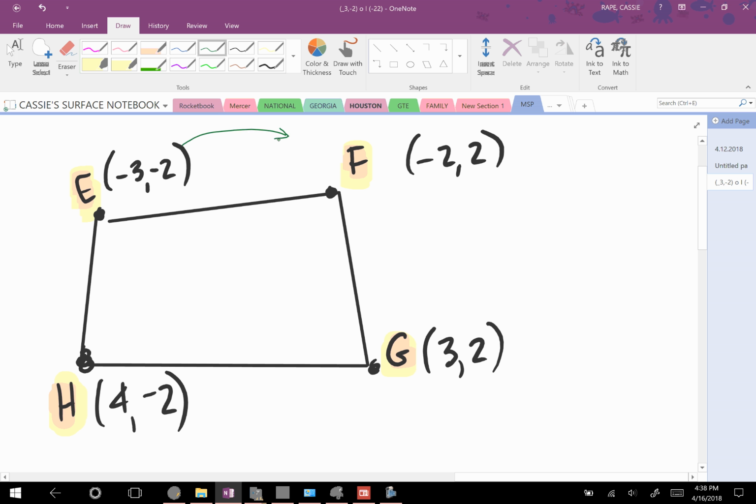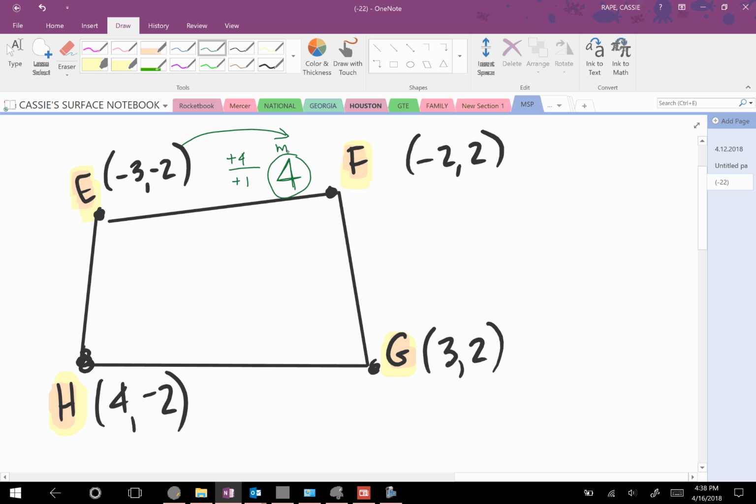Rather than writing it out as -2 minus 2 over -3 minus -2, which just takes longer, I do it by imagining jumping up and down the number line. If I start at -2 and end at 2, I went up 4. And if I start at -3 and end at -2, I went up 1. So that's how I know that the slope for EF is 4.